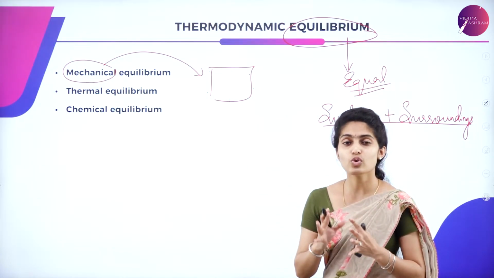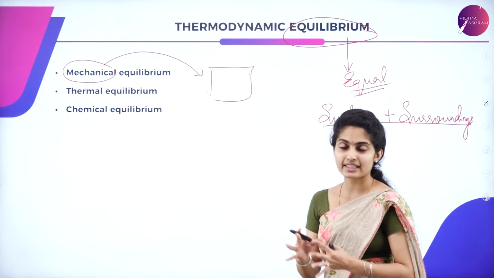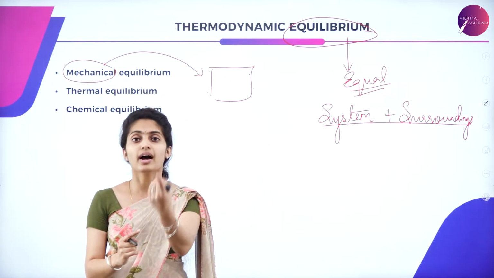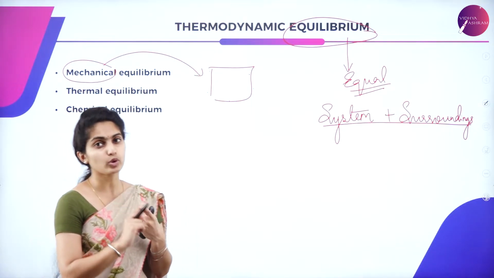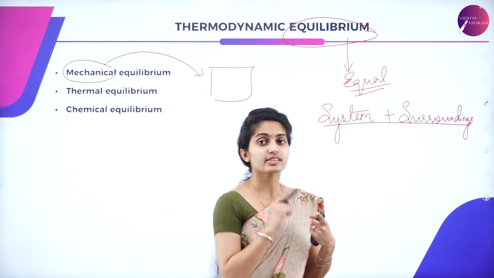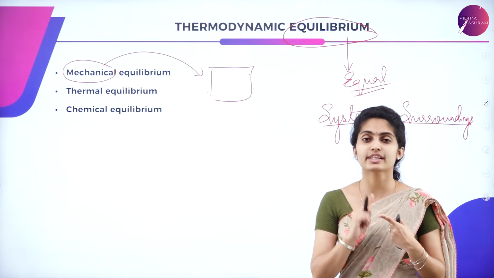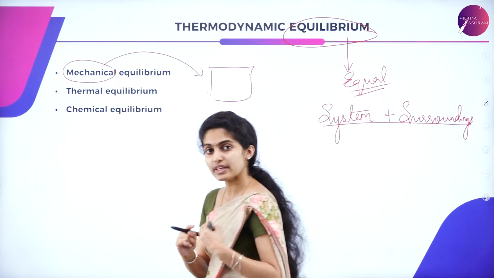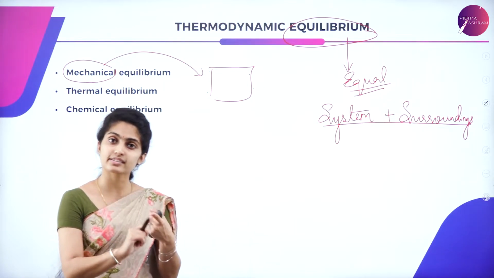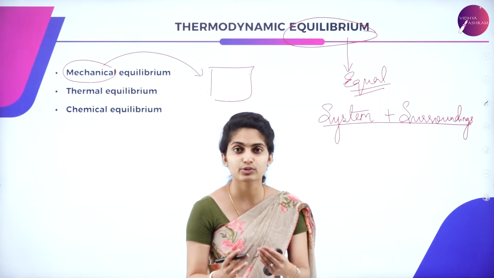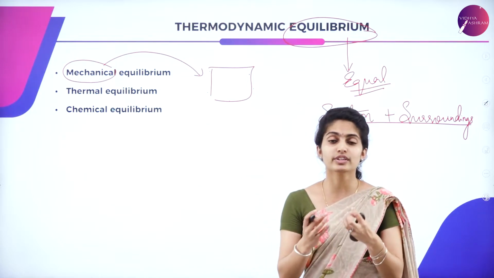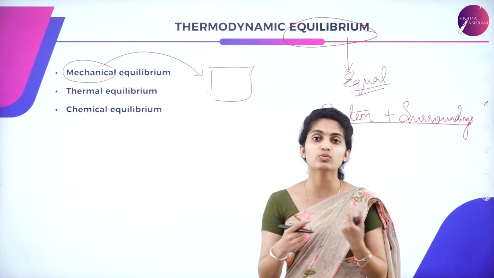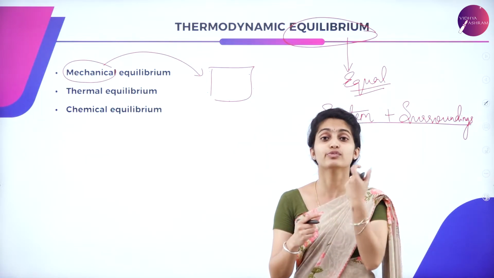There is no unbalanced force acting at different points of the system or between the system and surroundings. If you are talking about only the system, there should be no unbalanced force at different parts of the system. If the system is placed in surroundings and we are comparing the two, there should be no difference between the system and the surroundings in the work done.